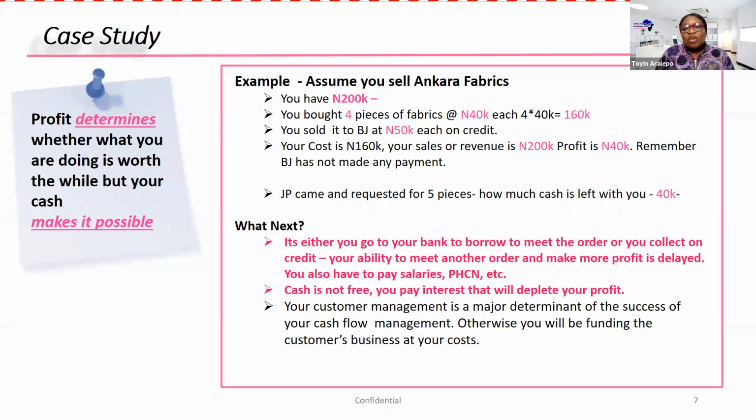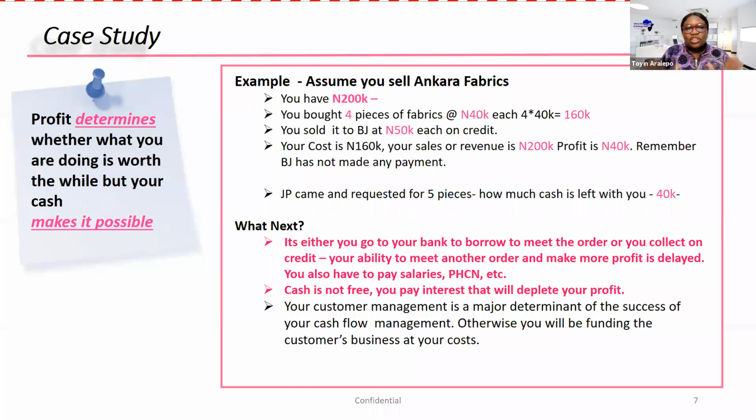So there's an opportunity cost now. He can't increase the sales again. Just imagine a situation if he had collected the 200K and someone has requested for 5 pieces, he will be able to buy the 5 pieces and his profit will continue to increase.